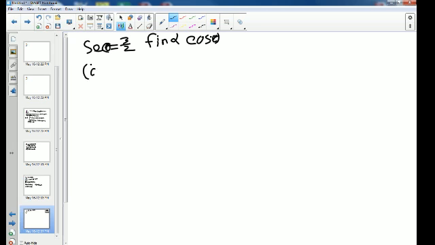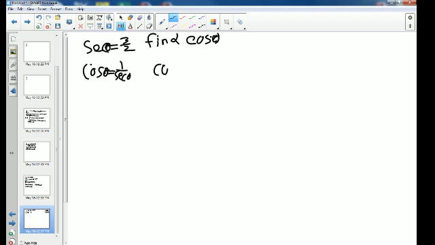So cosine theta equals 1 over secant theta. So we would substitute the 3/2 for secant, not cosine.